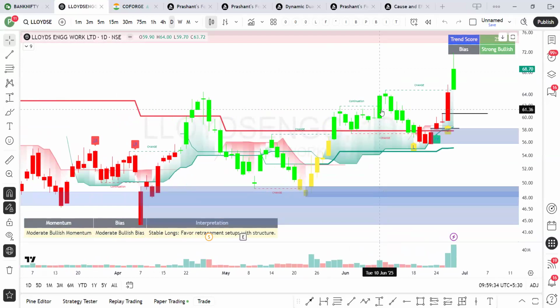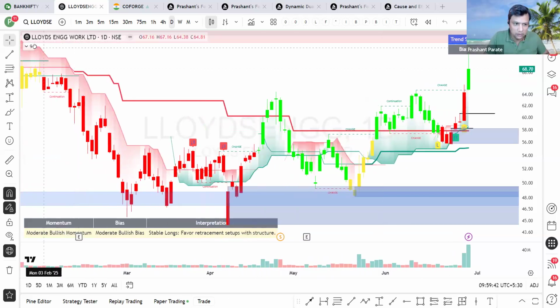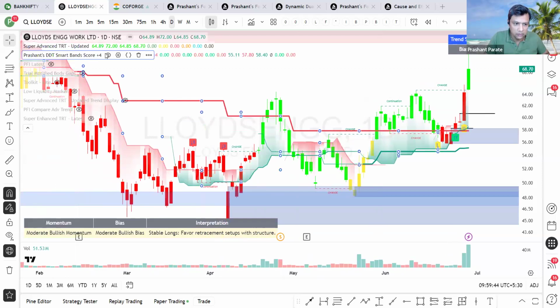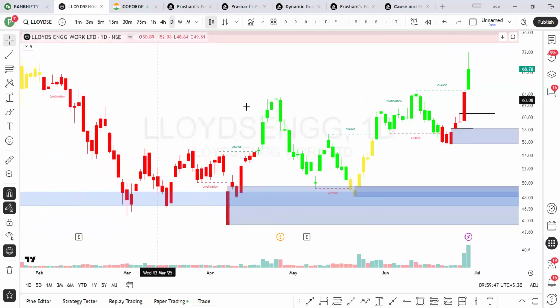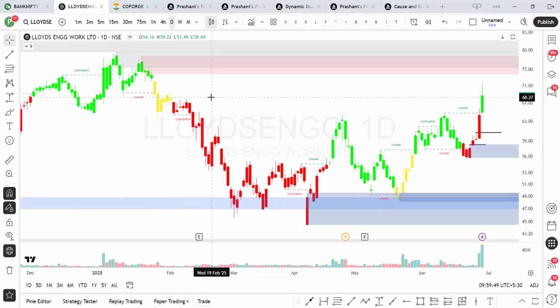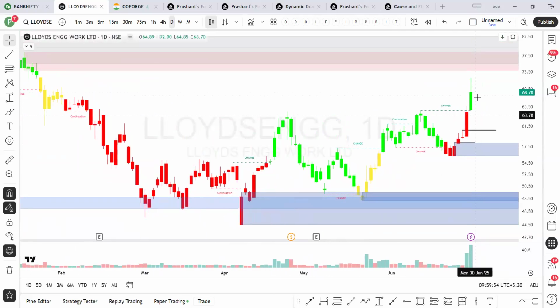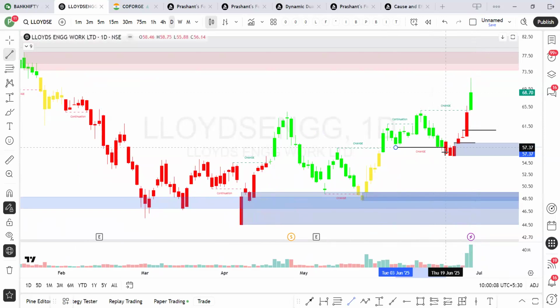One more thing, the logic behind the TRT. If you can just hide the DDTBS and keep the TRT. On the right side of the chart, the second last change which is printed, the red candle, that change is formed much earlier than the swing low formation.